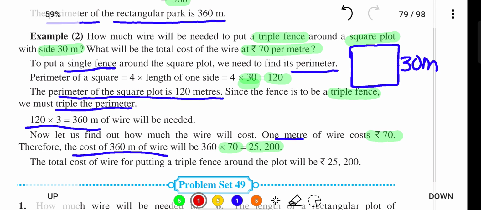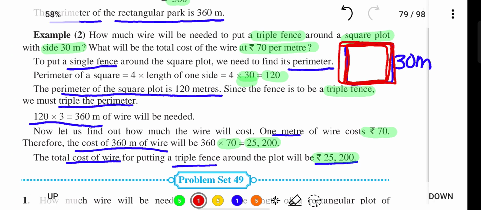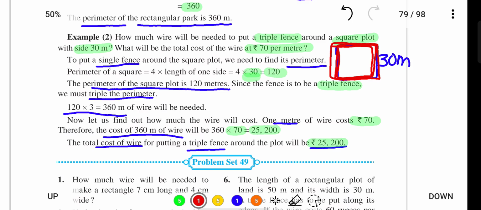Therefore, the cost of the wire for putting a triple fence around the plot will be rupees 25,200. For fencing, triple time means triple the square plot. Thank you.